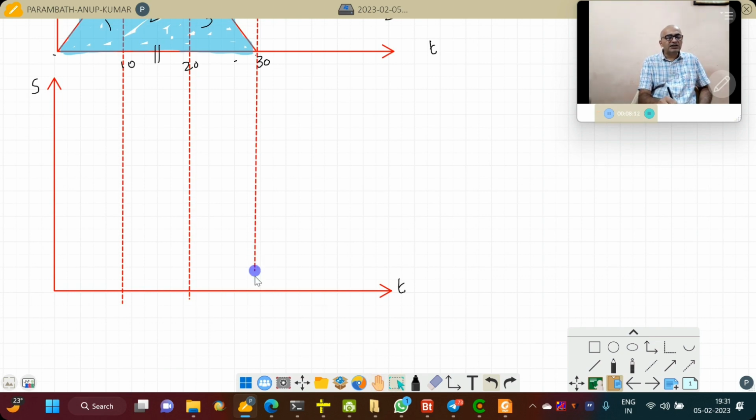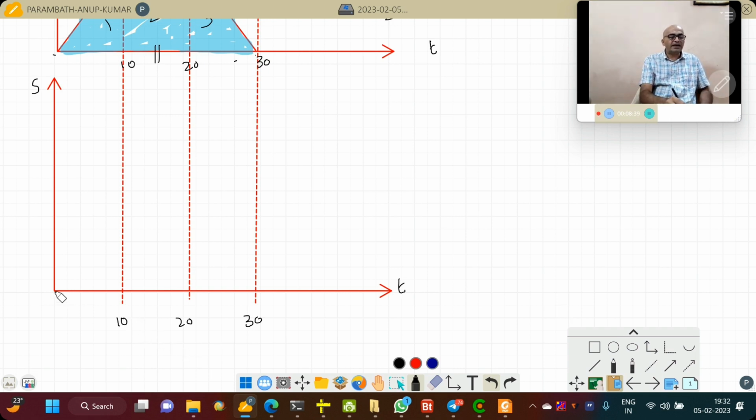So you can see that I am ready with the times, this is 10 seconds, this is 20 seconds, and this is 30 seconds. First of all, the particle is going with an acceleration from 0 to 10 seconds. How do I show acceleration in the position time graph? By a curve, increasing speed. The speed increased to 50 meter per second.